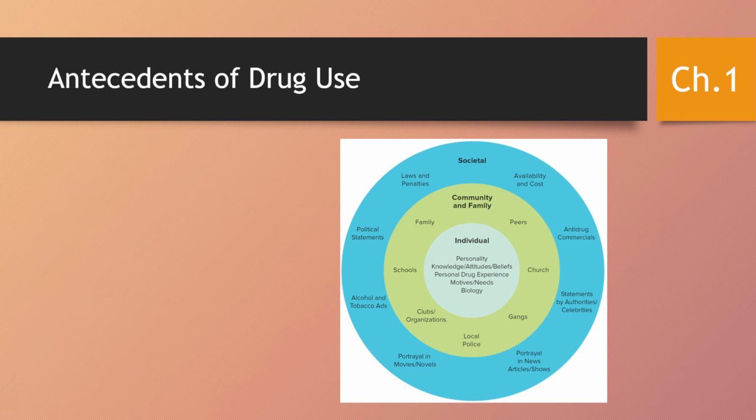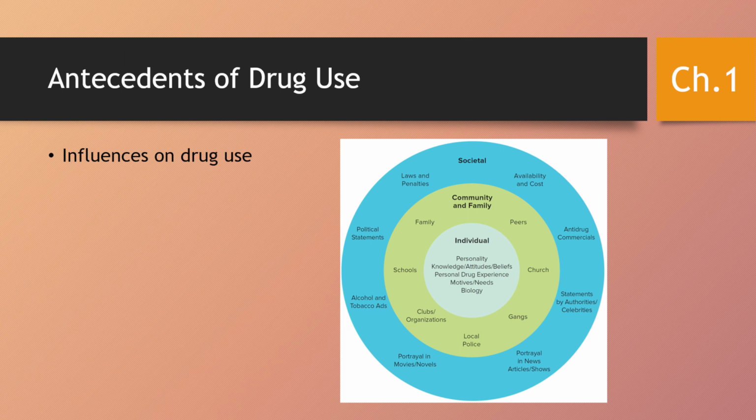So what I have here is basically some antecedent influences on drug use, so you can see here that they kind of break down into some different categories, right? So they have some individual influences, right? Like personality, knowledge, or personal beliefs of drug use. But then there are also community and family aspects as well, right? Does your family often engage in these behaviors, or your peers, or your local police influence on this situation?